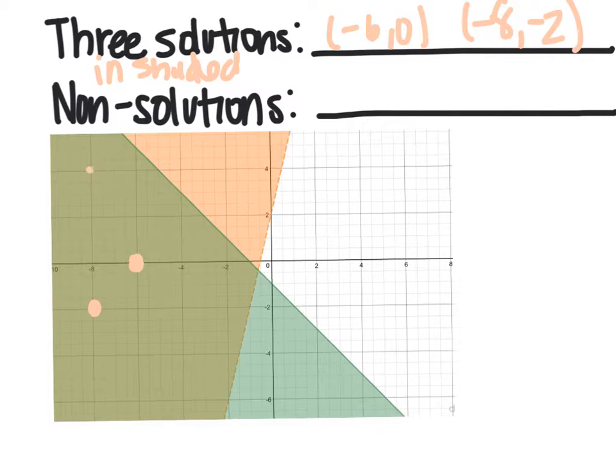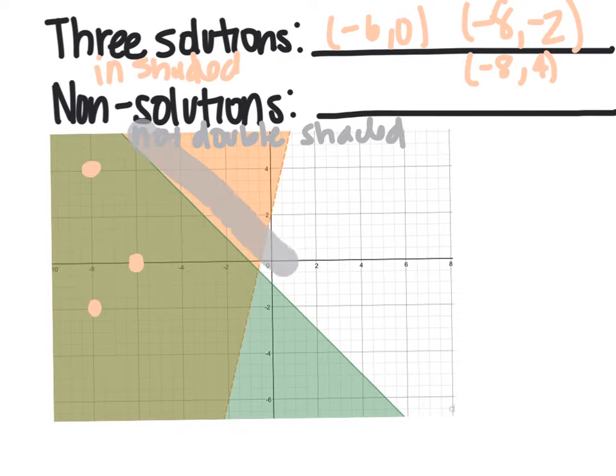And lastly, I could say that this is a solution, -8, +4, because again, it's in that double shaded area. So my points that are not solutions are going to be points that are in the not double shaded part. Those could be points anywhere in this area.